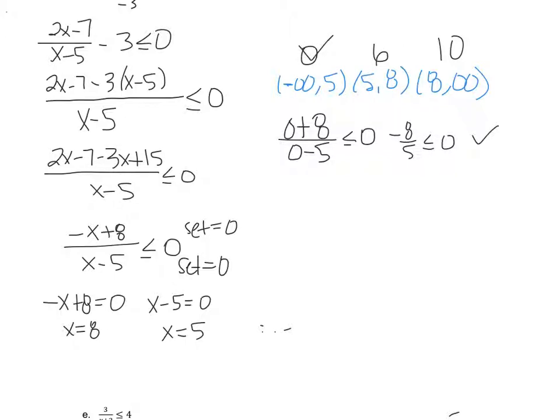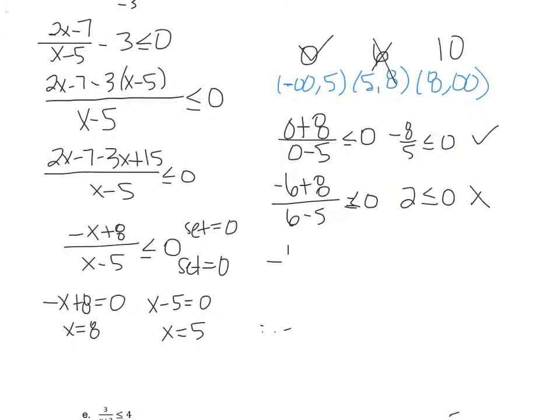Now I'm going to plug in 6. So negative 6 plus 8 over 6 minus 5 is less than or equal to 0. So on this one, I get 2 is less than or equal to 0, which is a false statement. So I have to exclude that.